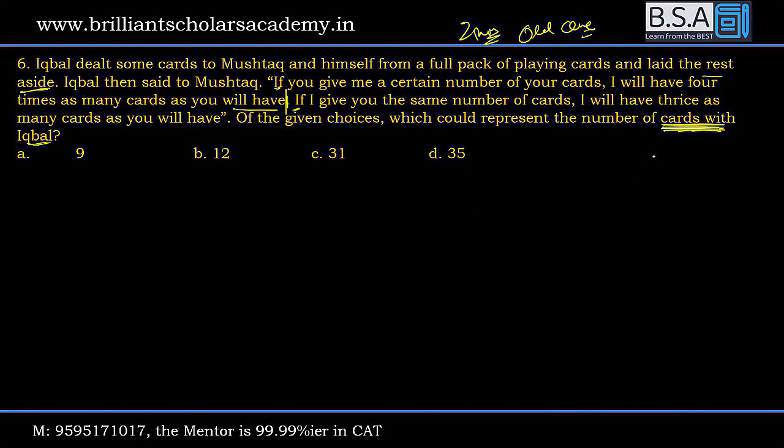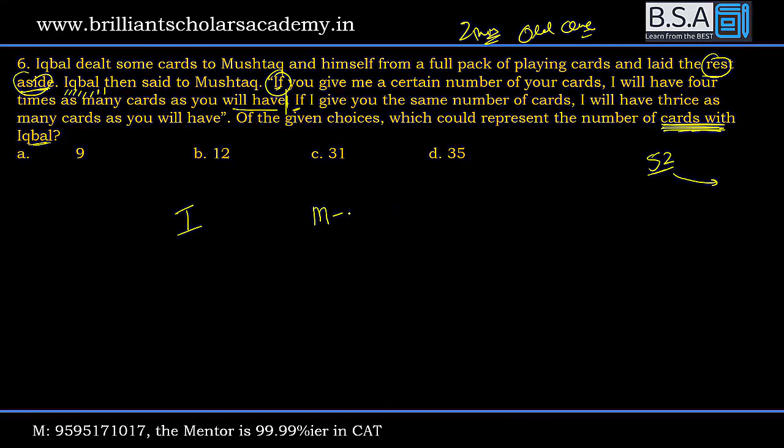See, total cards are 52 in a pack of cards. Some of them have been kept away. They are not distributing all of the cards. I'm imagining Iqbal has I number of cards, Mushtaq has M number of cards. Here it starts. If you give me, who is talking? Iqbal is speaking. Iqbal says, if you give me some number of cards, I will have 4 times as many cards as you will have.